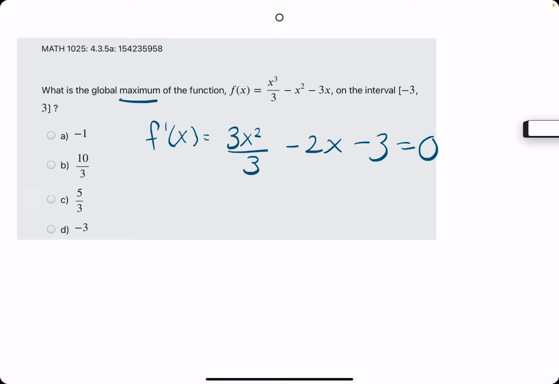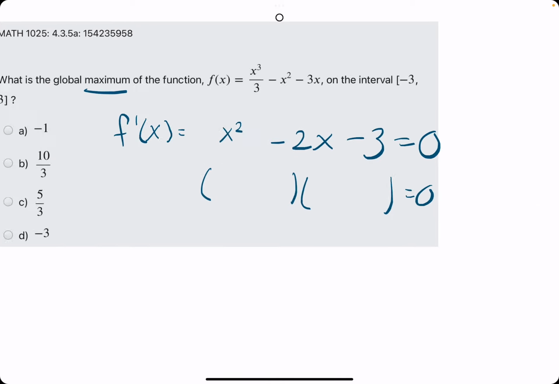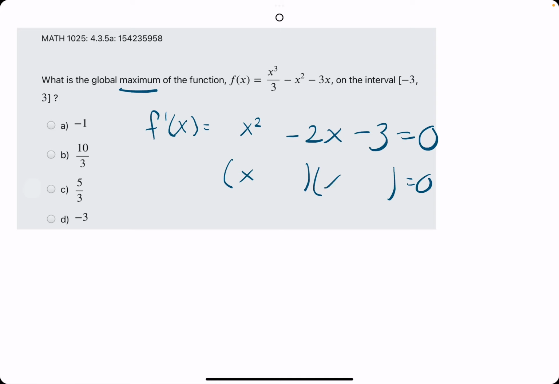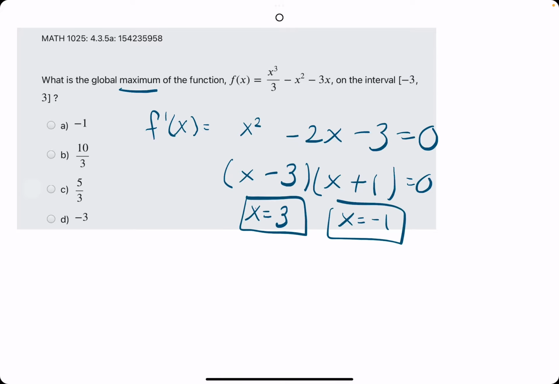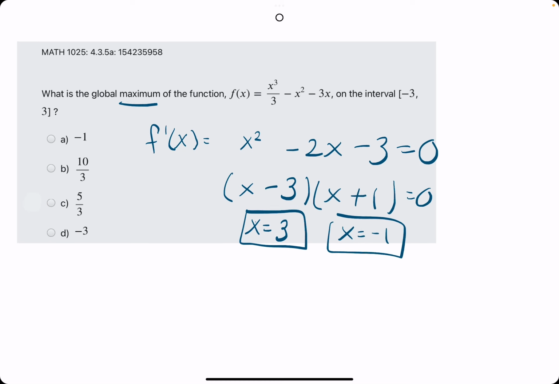We might want to cancel out these 3's. And we're back to typical factoring: which numbers add to negative 2 but multiply to negative 3? So we have minus 3 plus 1. Setting each of these equal to 0, we get x equals positive 3 and x equals negative 1. These are our critical points.